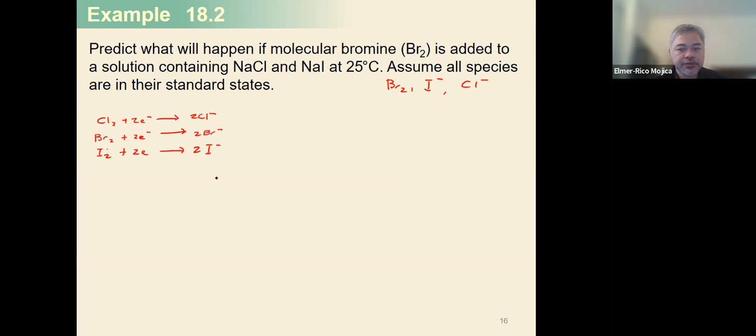Now, there are 2 possible reactions that will happen. One wherein you have this Br2 reacting with its electrode producing 2Br minus. And the other one is, let's say, 2I minus producing I2 plus 2 electrons. And the other reaction that will happen could be this.